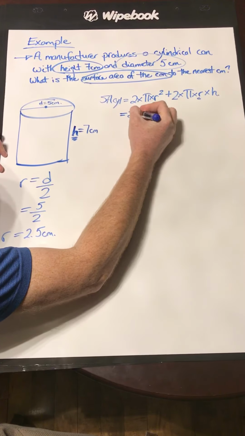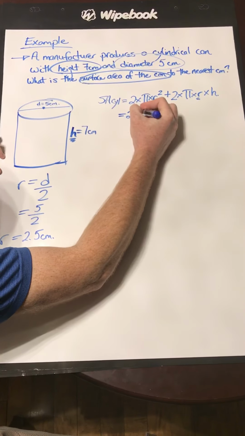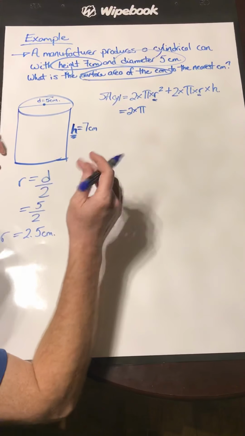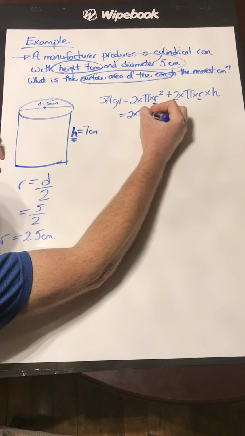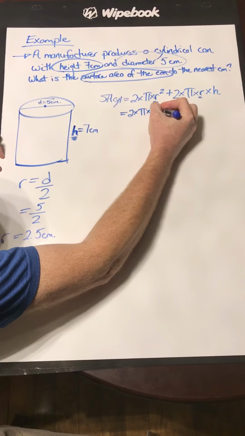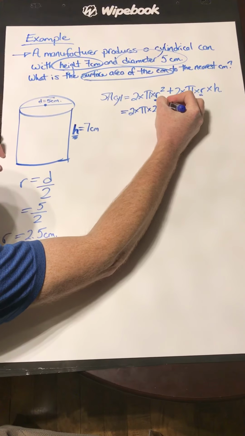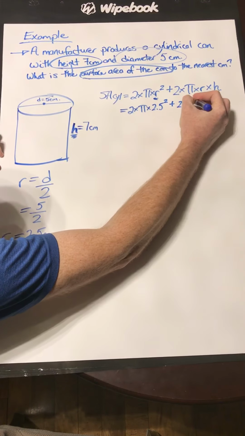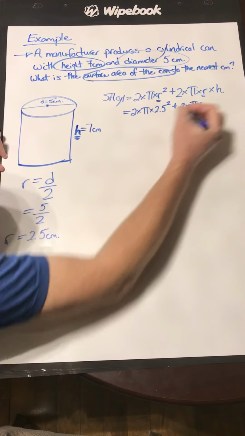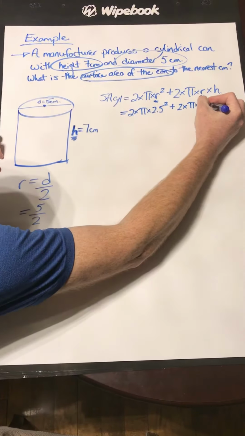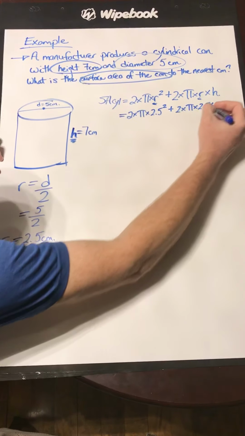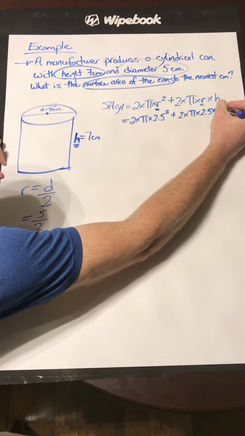So now I can go in and I can replace or substitute in. So I keep 2 times pi. I'm going to leave pi as the symbol. Remember, it's about 3.14, times 2.5 squared plus 2 times pi times radius, which is 2.5, times height, which is 7.